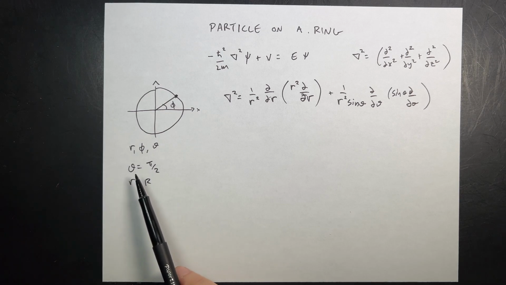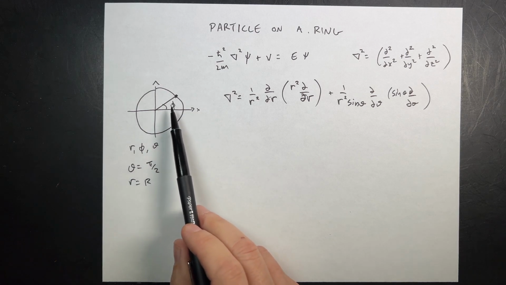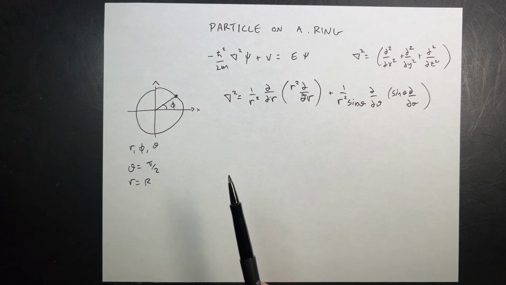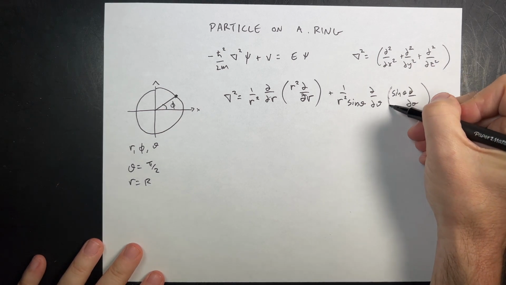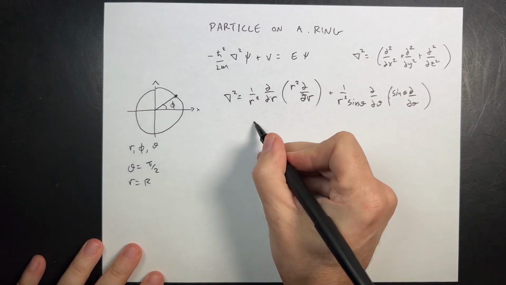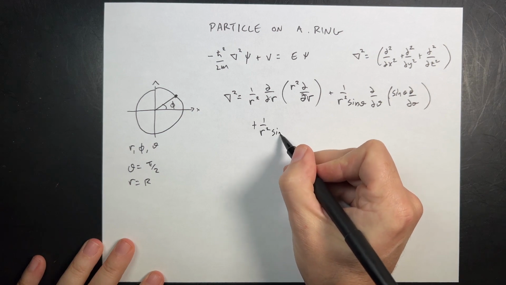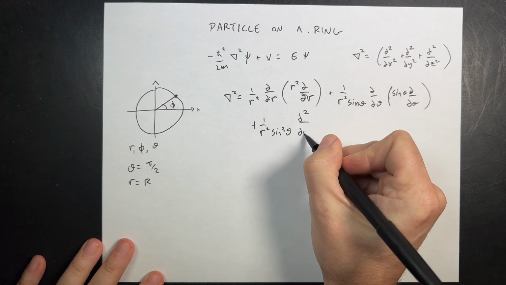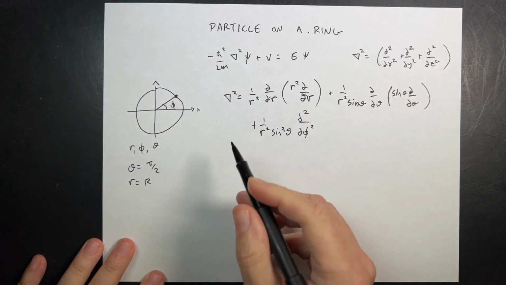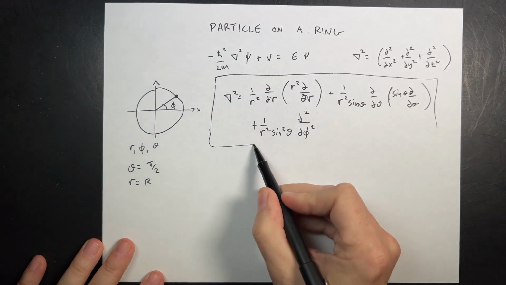In physics, we often have theta as the angle from the z-axis, and in math, they often put theta measured from the xy plane. So just make sure which one you're using. They're both fine, both acceptable. Neither of them is wrong. They're just different. Okay. And then I have my last term, plus 1 over r squared sine squared theta, second partial with respect to phi. And that's my Laplacian in spherical coordinates.